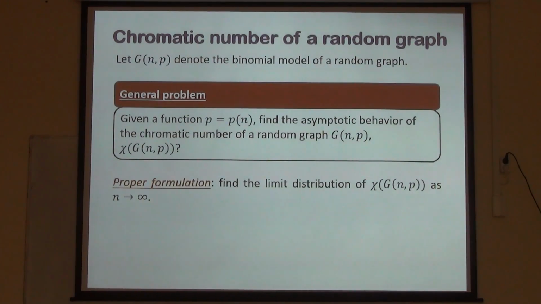The general problem is the following. Given a function p, we want to find the asymptotic behavior of the chromatic number of the random graph. Since the chromatic number of a random graph is a random variable, the proper formulation is that we want to find some limit distribution, if it exists, for the chromatic number.